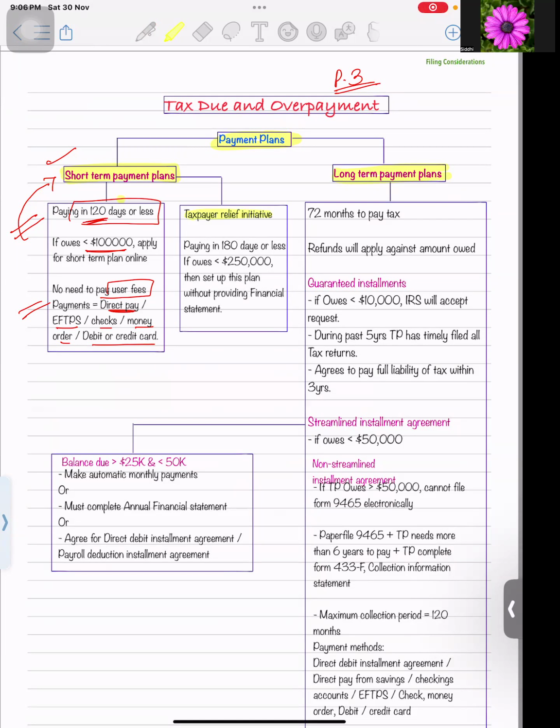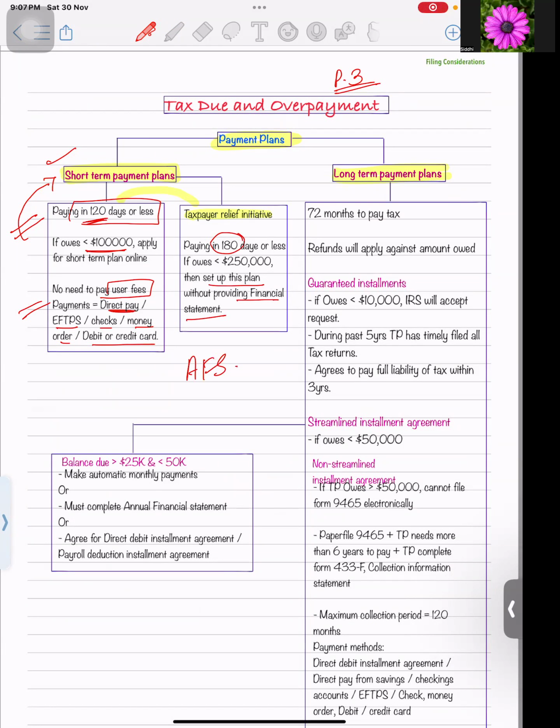You can also use another option. Instead of 120, you can use 180 days if you owe less than 250,000, and then set up this plan without providing the financial statement. Do you know anything about AFS, annual financial statement? This mainly will come in the corporate topic in part 2.